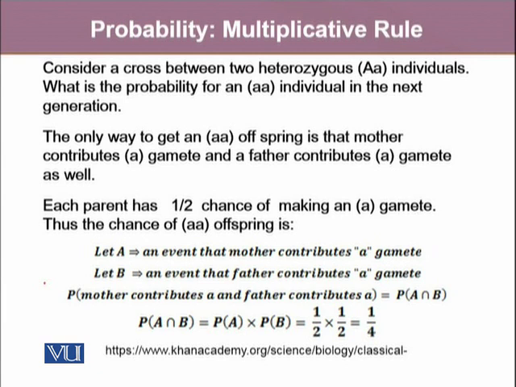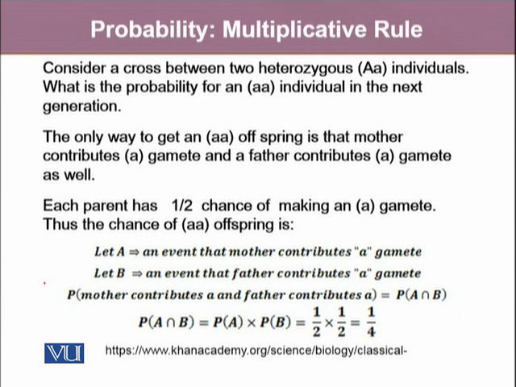the chance of an aa offspring is given by the joint occurrence of the probability from both. Let's say that an event A refers to the mother contributing a small a gamete and the father contributing a small a gamete is represented by an event B. Then the probability for the joint occurrence will be given as probability of A intersection B, which is 1 by 2 multiplied by 1 by 2 equals 1 by 4.